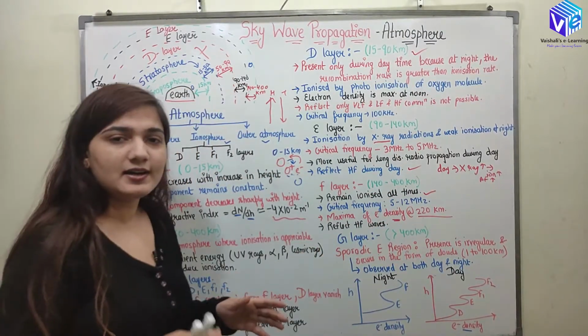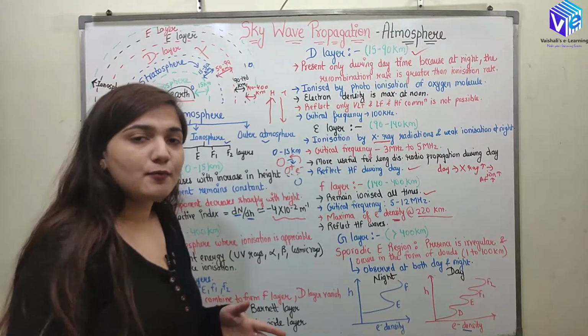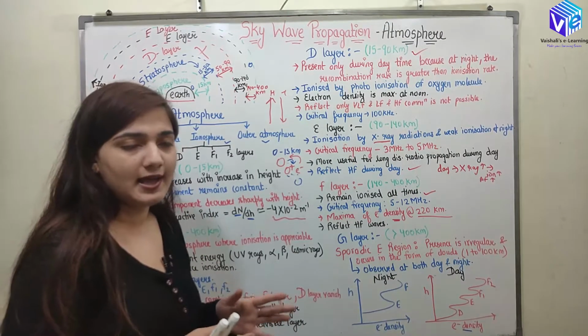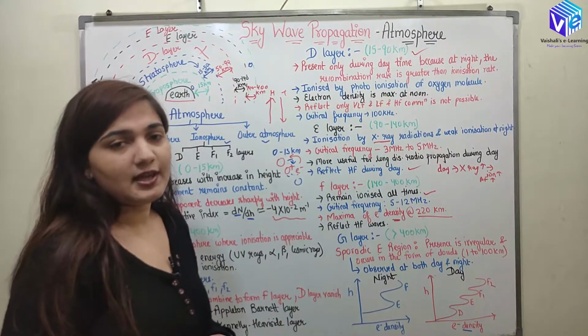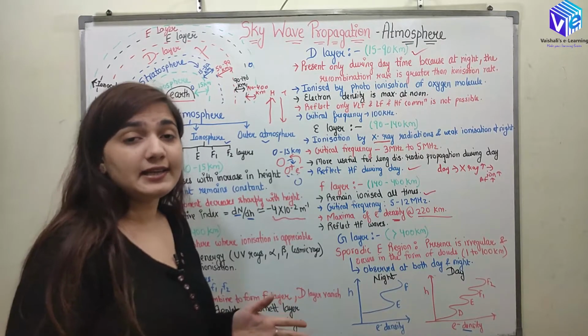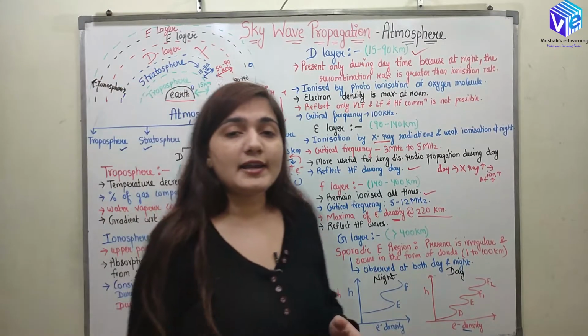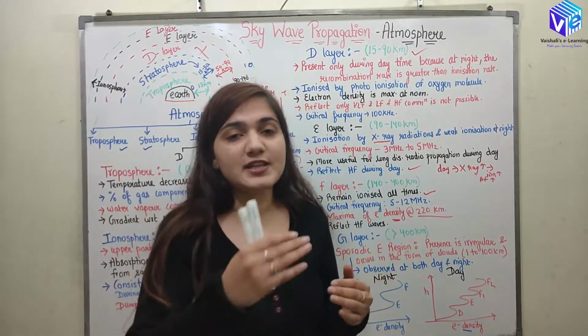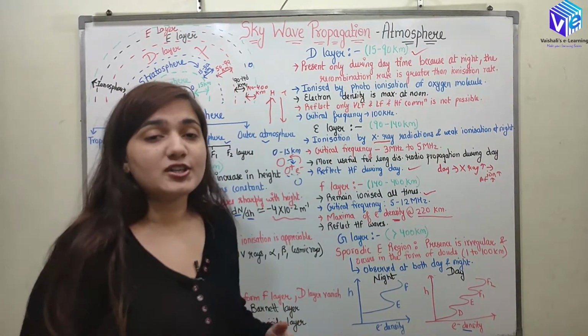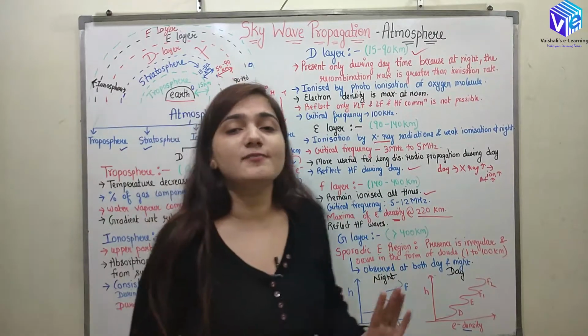After 12 megahertz, the ray would penetrate into the outer atmosphere, and we cannot have reflection of this ray. In that case I would require satellite communication, or I can do line of sight communication. So atmospheric reflection is not possible after 12 megahertz.